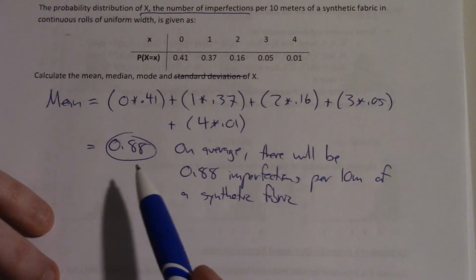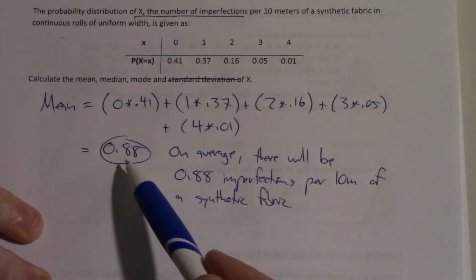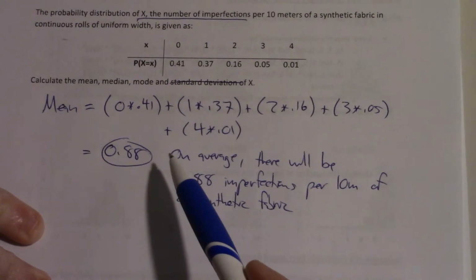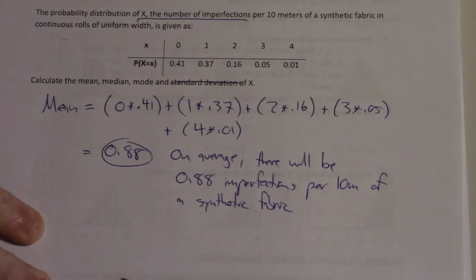So like before, this doesn't have to be an observed value. This is saying sometimes we'll get 0, sometimes we'll have 1 or more. They don't occur equally often, so it balances out about 0.88.